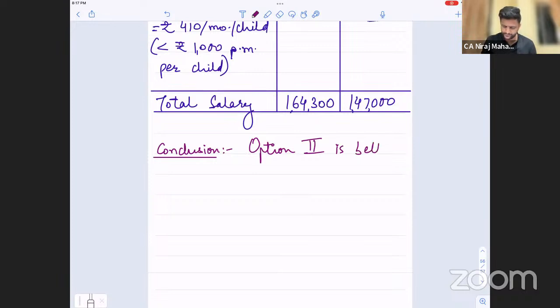Option 2 is better since salary income is lower.